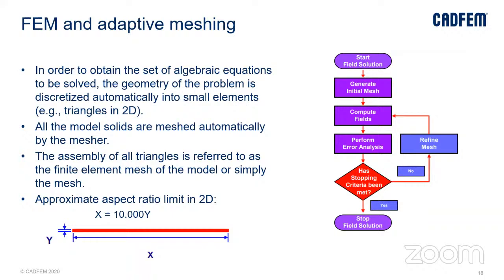In electromagnetics, it's not like computational fluid dynamics or structural analysis, where you should have a dense mesh at a particular area and a coarse mesh elsewhere. You don't need that many elements everywhere, because wherever there are higher field gradients, we need a dense mesh, and wherever the fields are very low, we can go for a coarse mesh.